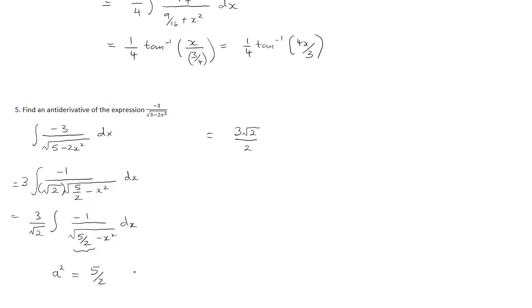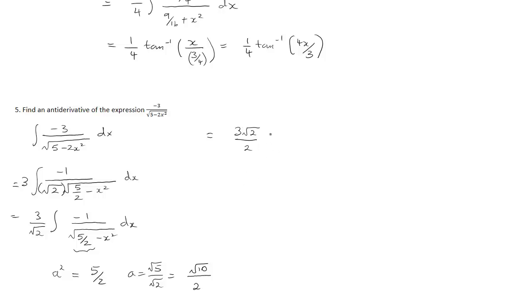So a is square root of 5 over square root of 2, which as a rational number, to rationalize this particular third, we have to multiply it by square root of 2. So we've got square root of 10 over 2. Okay, so that's our value of a.